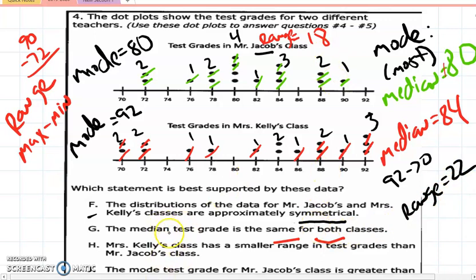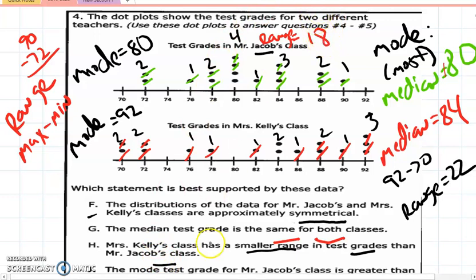Now, the statement says Mr. Kelly's class has a smaller range than Mr. Jacob's. Mr. Kelly's range is 22, and Mr. Jacob's is 18.